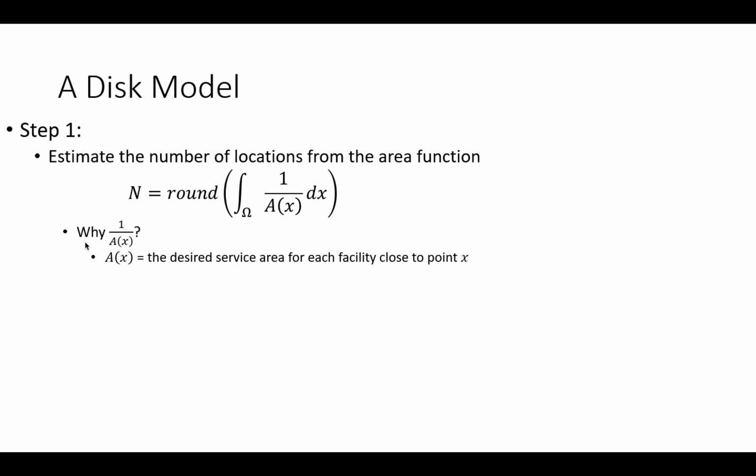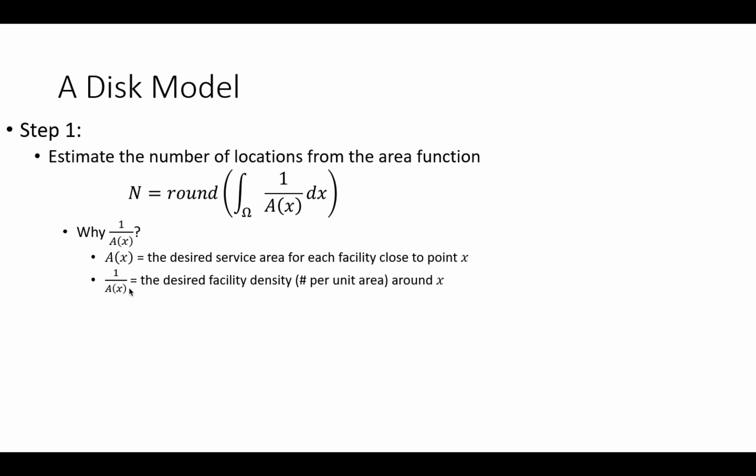And you might want to ask, why are we integrating 1 over A, or 1 over A of x? Recall that the meaning of A of x is our desired service area for each facility close to the point, the coordinate x. So what is 1 over A? 1 over A is a density.